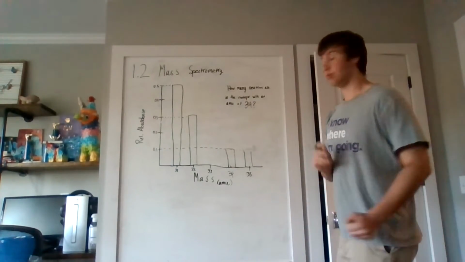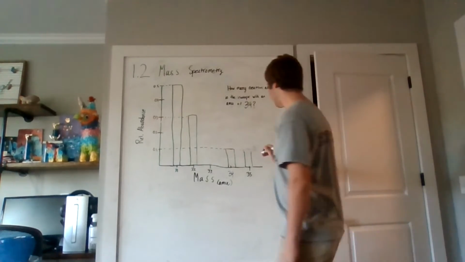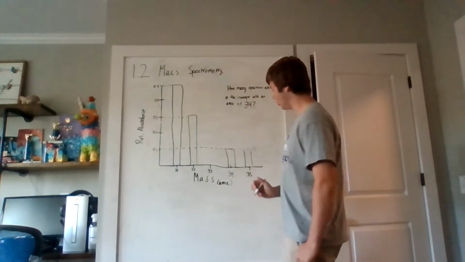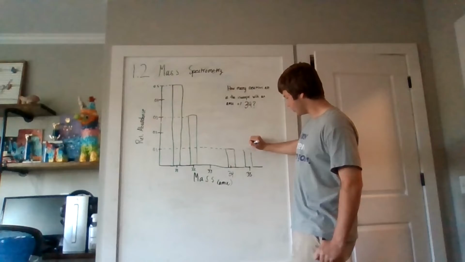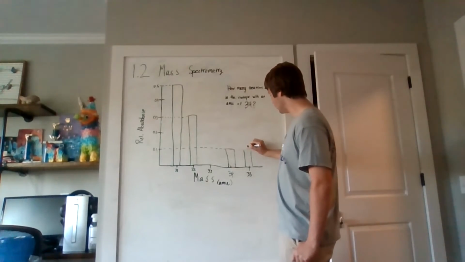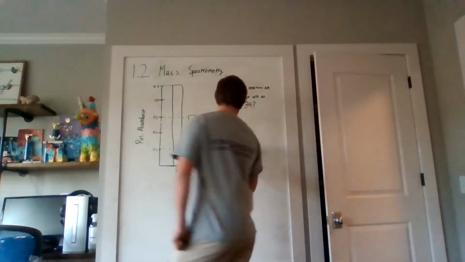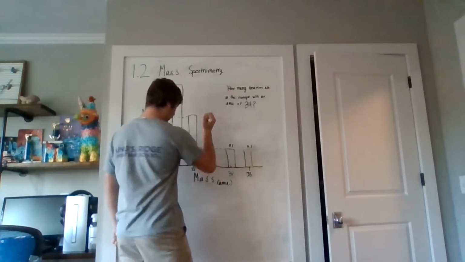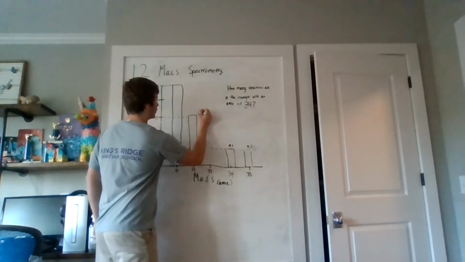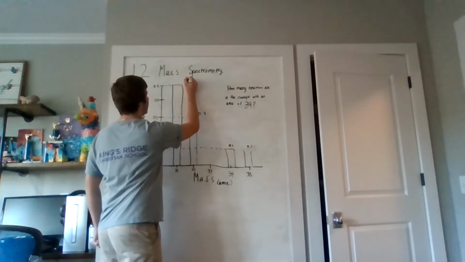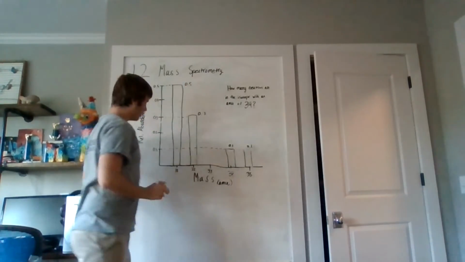But in order to really find out, we go over and find our relative abundance of each isotope, which for the isotope with 35 AMU is 0.1, 0.1 for 34, 0.3 for 32, and 0.5 for 31.